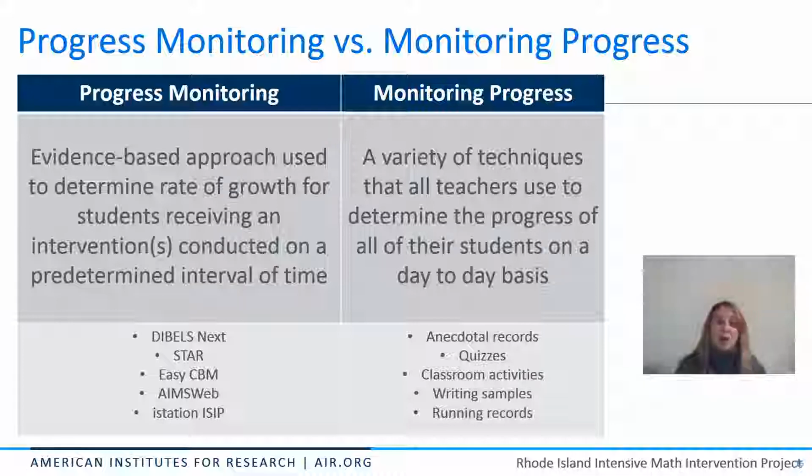Whereas progress monitoring are more formal formative assessment measures used on an ongoing basis. They're evidence-based to determine rate of growth for students. Things such as STAR, Easy CBMs, MBSP, and DIBELS Next are all examples of formal formative assessments for progress monitoring.